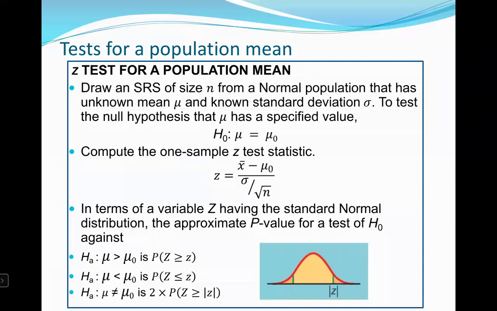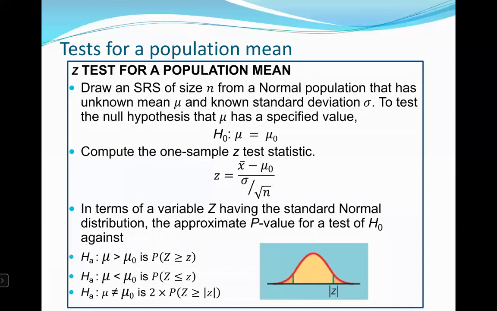And our two-tailed test is just saying we don't know if mu is more than or less than the mu that we're given, but we think it's not that mu. So it's either above it or below it, and we don't really know.